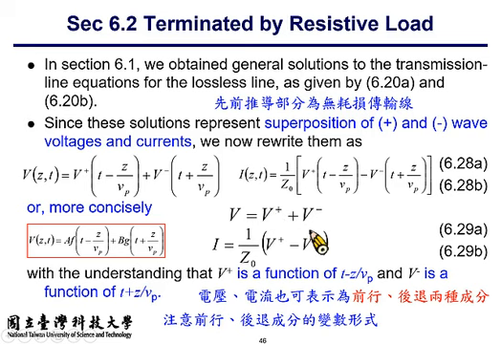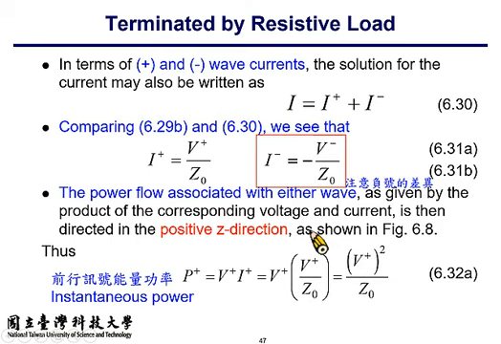So in the previous slide, we have seen that the total voltage and total current can both be described in terms of V plus and V minus components.